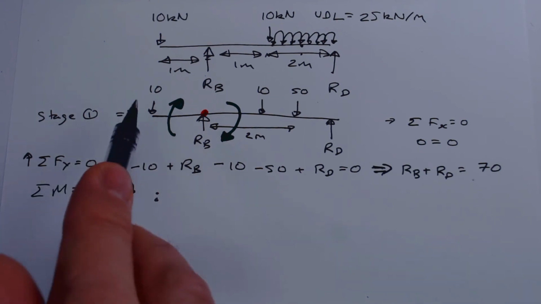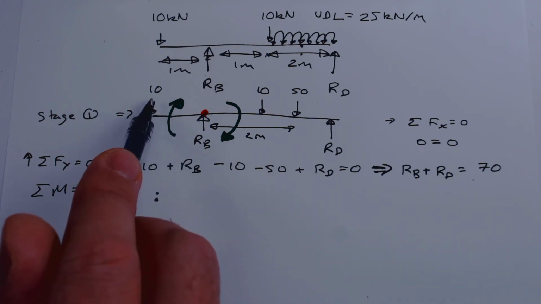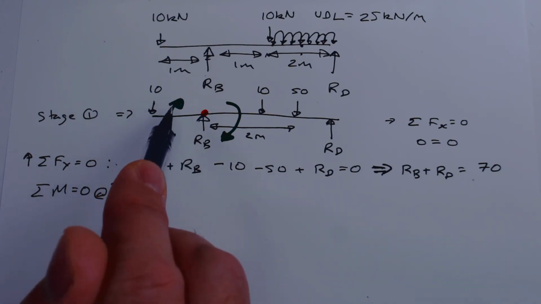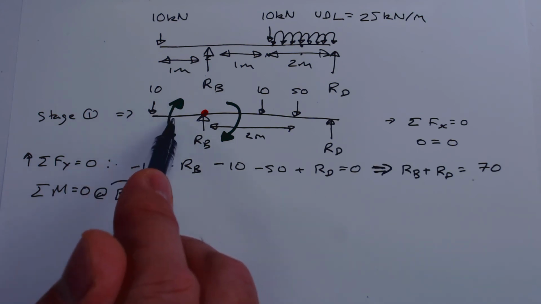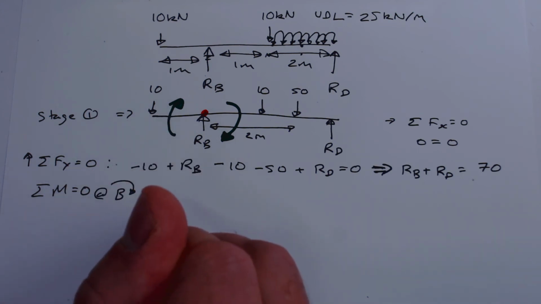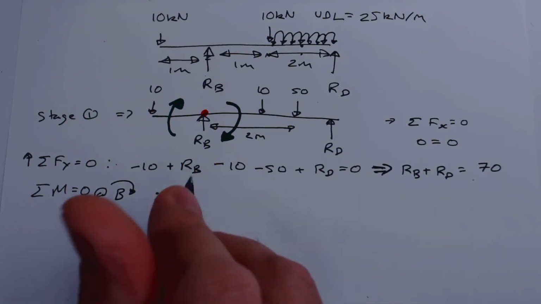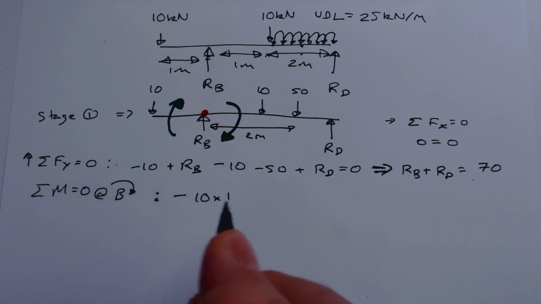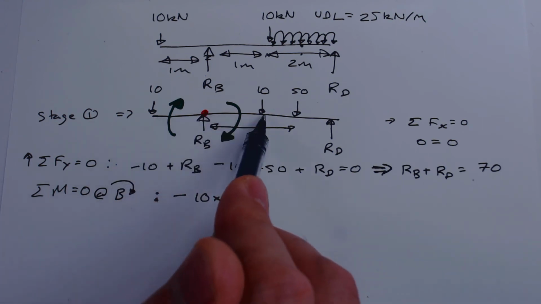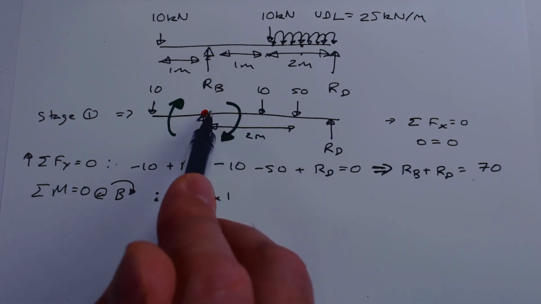So first one that we see is that we've got a force going downwards, and this clockwise symbol is going up. So that arrow and that arrow are pointing in opposite directions, so it's a negative moment. So minus 10 times by a distance of 1. Okay, now let's look for the next one. So it's from here to here.